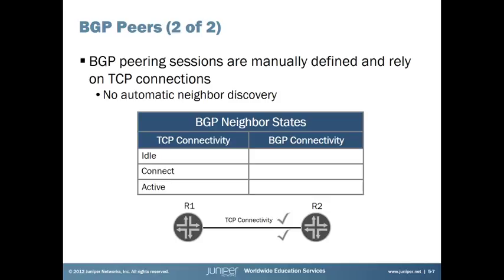So we'll get into this TCP process here. The first thing is the two peers establish TCP connectivity. So there are the usual handshakes and acknowledgements that go through with TCP at that level. So we establish that connectivity.